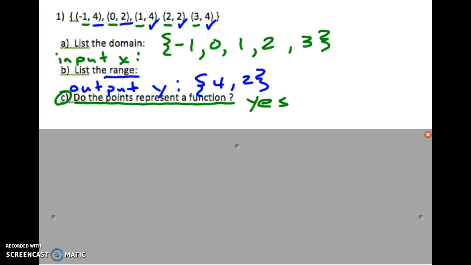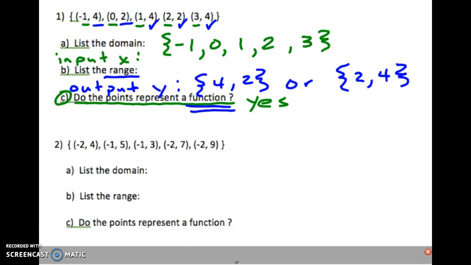So we got 4 and 2. You can leave it this way, or if you like to put them in order, we got 2 and 4. Notice the y values have absolutely no effect on whether something is a function.